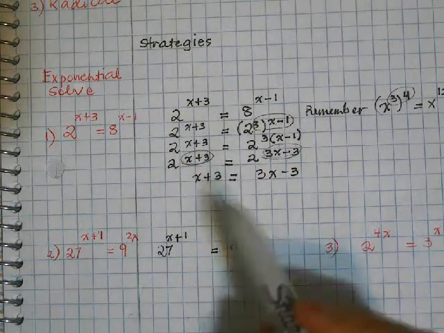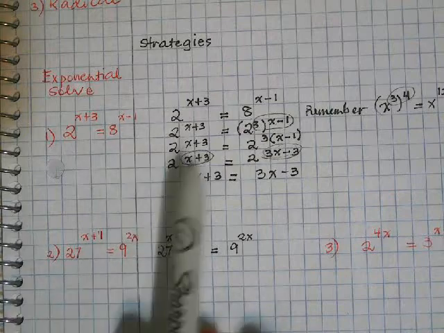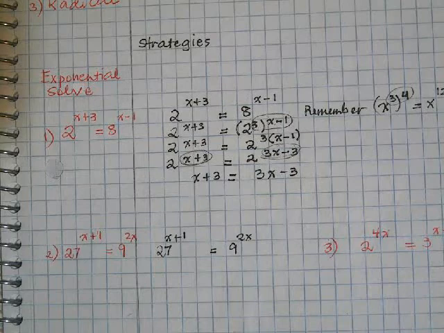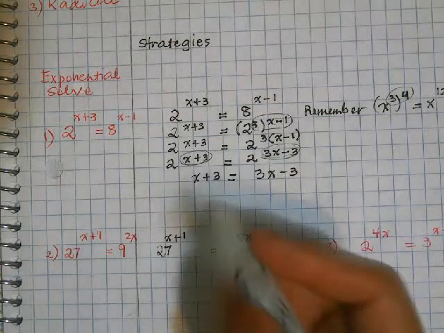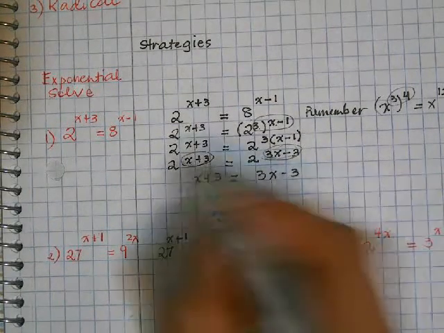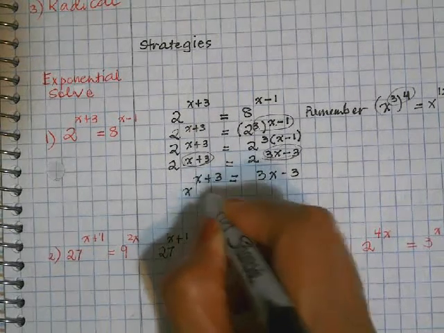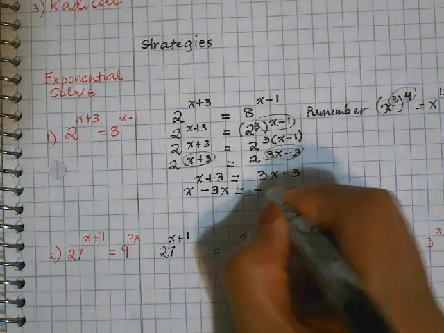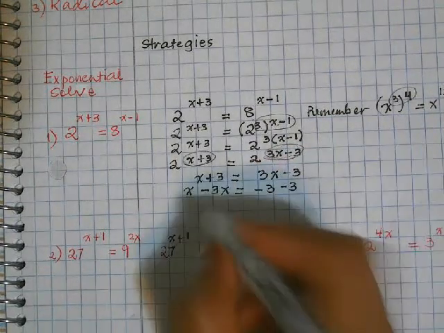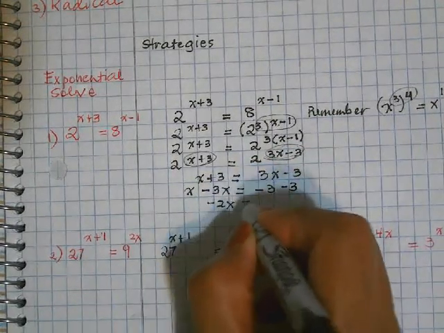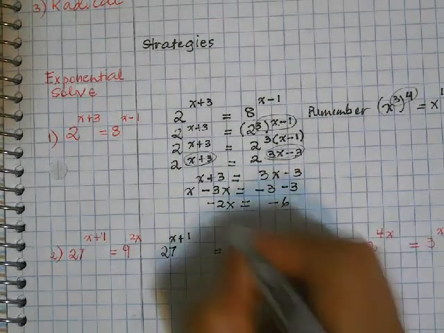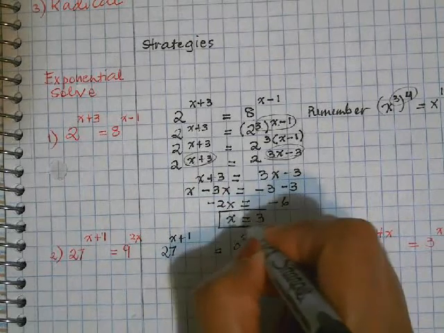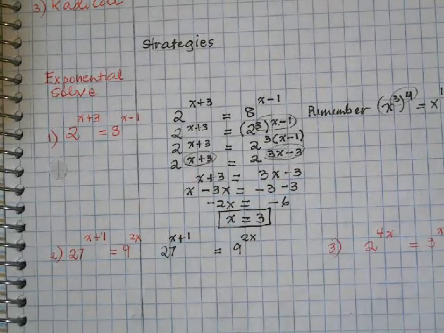Now let's solve for the x that will make x plus 3 equal 3x minus 3. Let's join our like terms. So this goes to the other side and 3 goes to the other side, and of course, you change signs when you change sides. So this is negative 2x equals negative 6. Divide by negative 2: x is 3. So this is our solution. x is equal to 3.